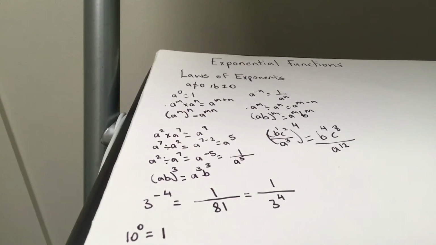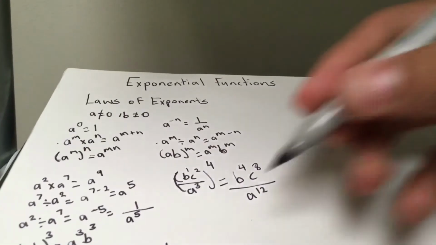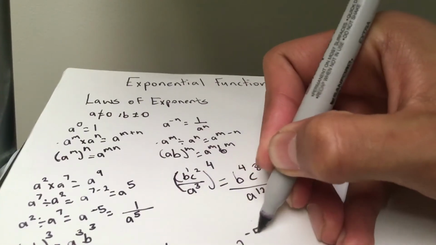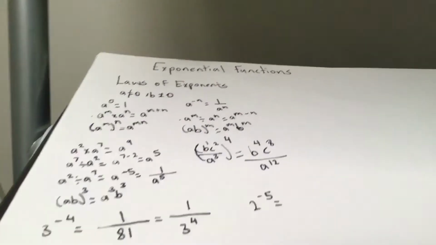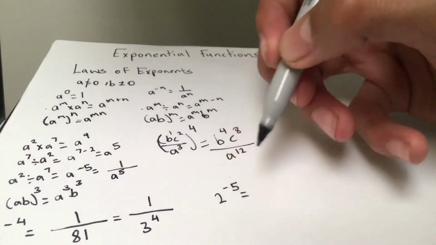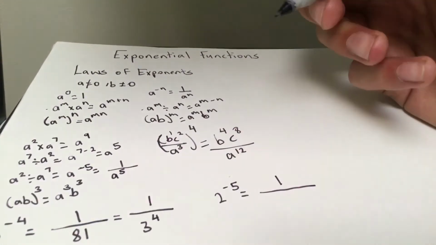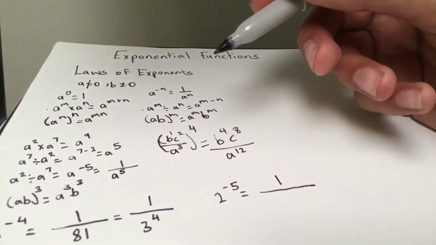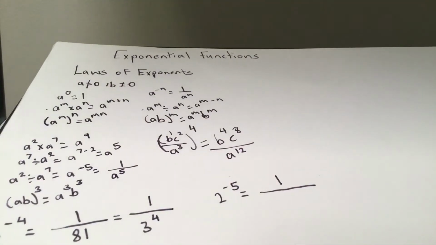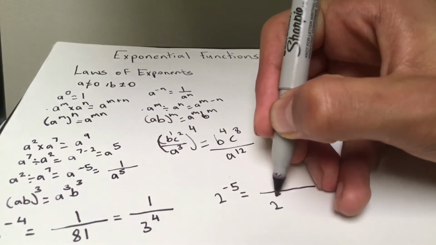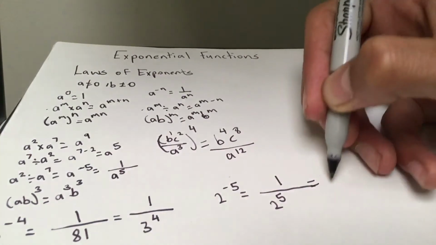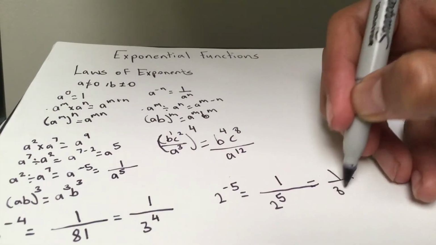Okay, so now let's do 2 to the power of minus 5. Okay, so the first step, we make it a fraction to get rid of the negative exponent. And then we change it to 2 to the power of 5, which is 32.